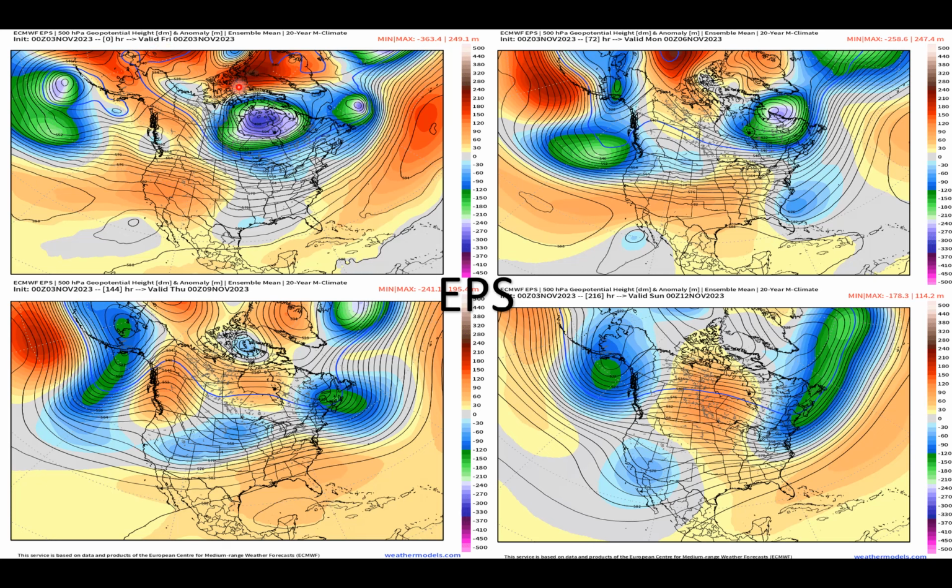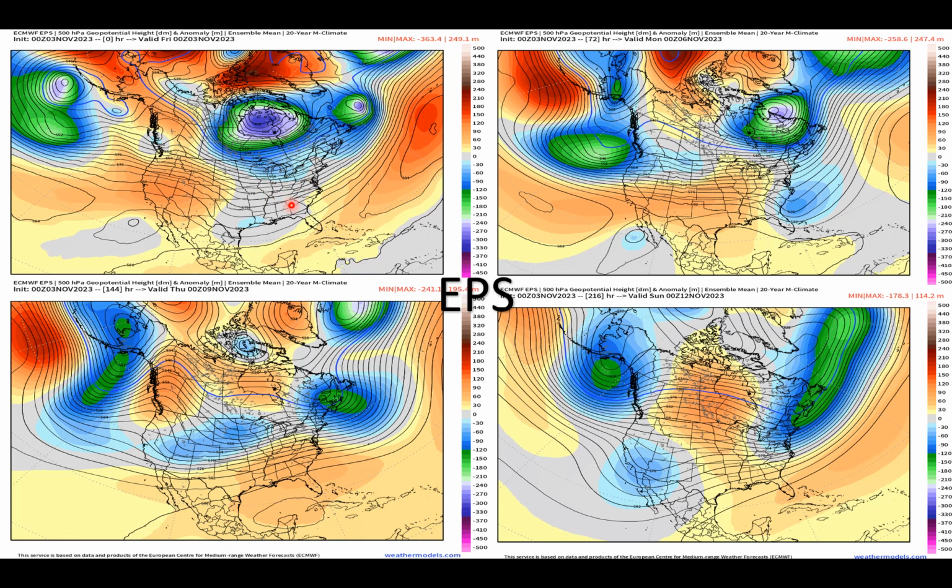We still do have some anomalous ridging very far north up into the Arctic area. We see another piece of energy, an upper level low, generally east of the main upper low over Hudson Bay. And so generally we have westerly flow now. We have a little bit of moderating effects.